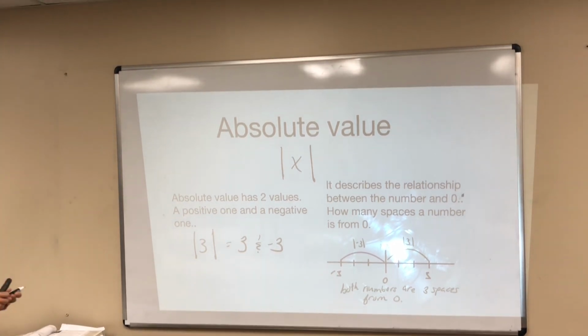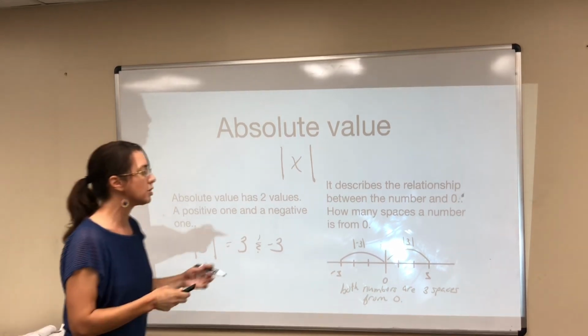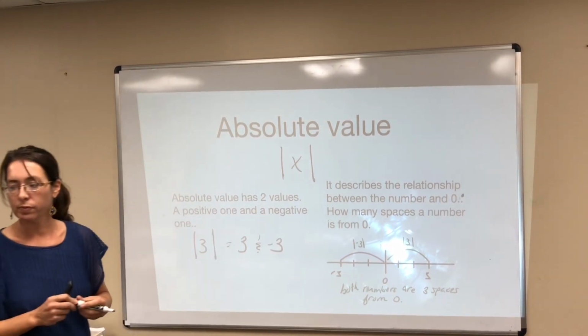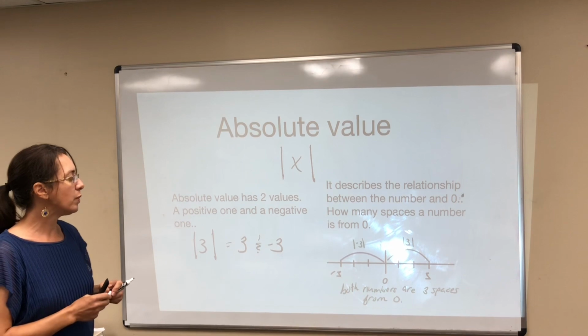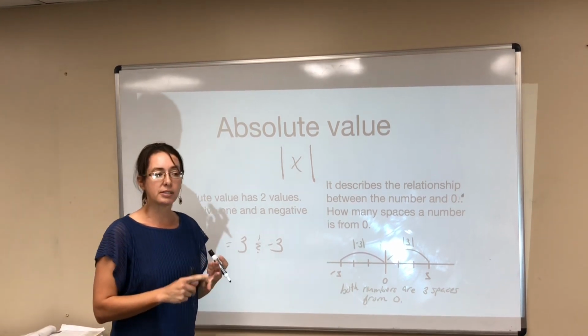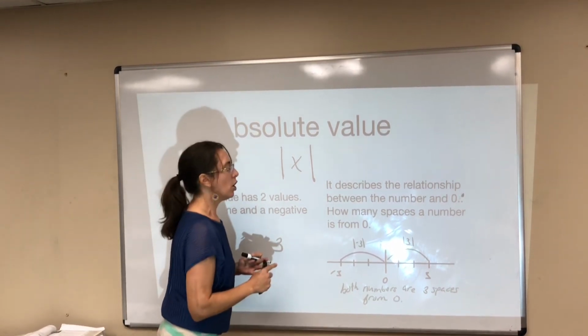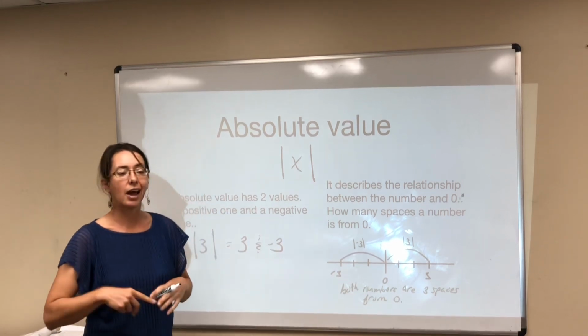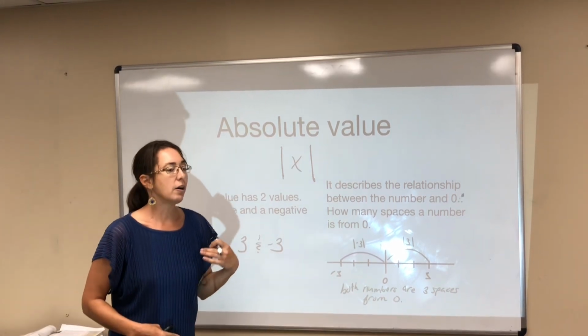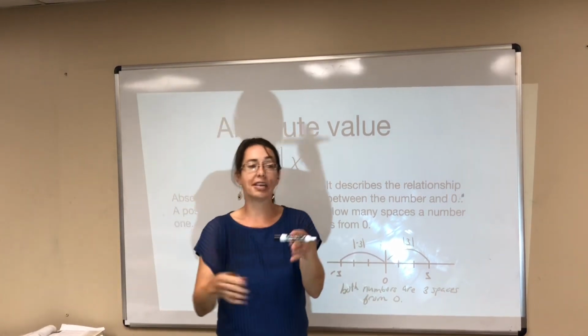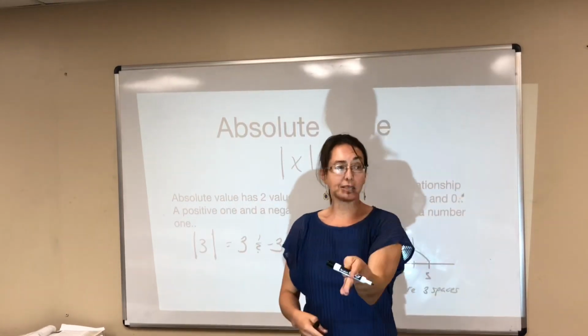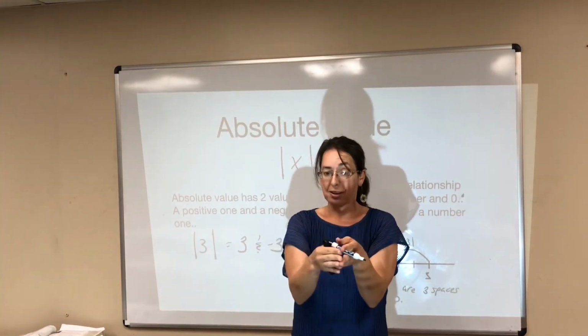So the definition of absolute value is the distance from zero. Where we have been looking at properties, identities, inverses, now we're just looking at a distance. Like, I could say you are the same distance from the projector as you are.